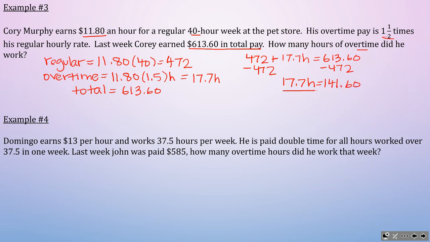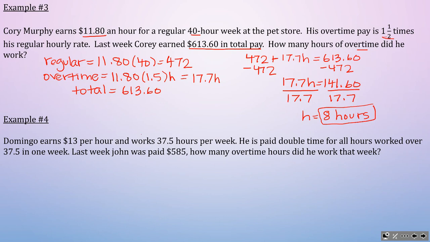To solve for H, I'm just going to divide by the coefficient, 17.7. When we divide, we get 8 hours. Now it's a word problem, so make sure you have a word answer. In this case, it asks how many hours he worked. So perfect. All right, let's do one more like this.